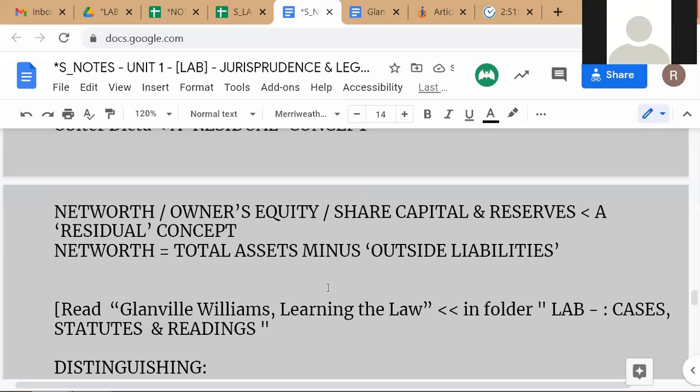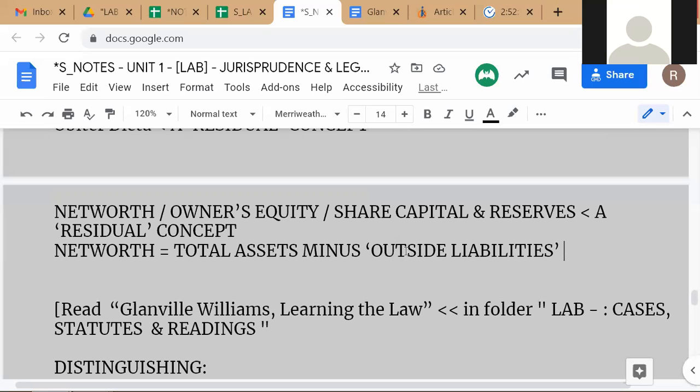Here, outside means outside the company: liabilities of the company to the people who are not the shareholders of the company. In finance we call the shareholders owners, but in law we don't call them owners. So I'll use the finance term, outside, because it helps you to understand.